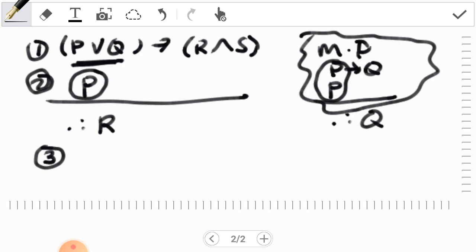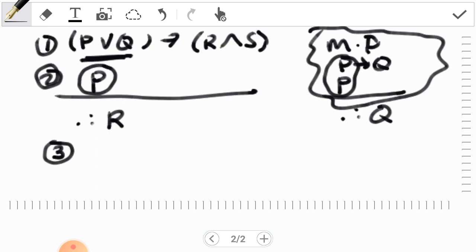So what do we need to do? Since you want to use your modus ponens here, we need to produce a P or Q. We are given P. Going to your list, we can actually add P or Q. We're just using addition based from premise number 2.